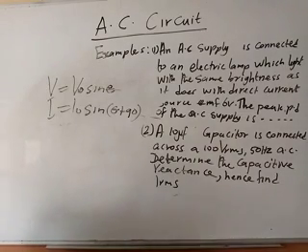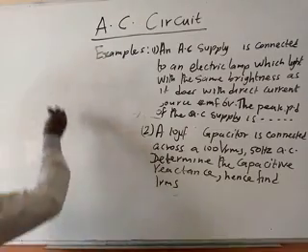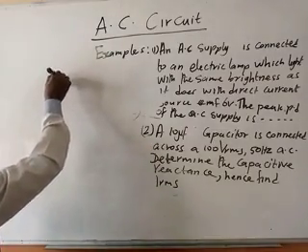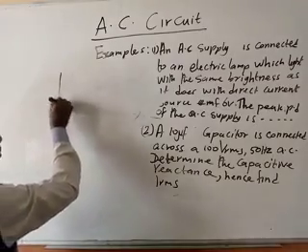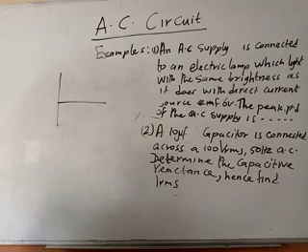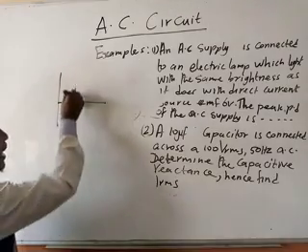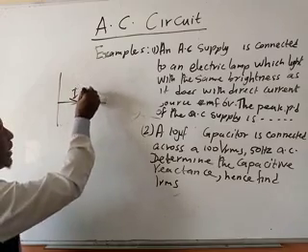Now, what of the waveform of this? So in that case, we have it like this. Because we said in the case of a resistor in the circuit, both of them will be in phase. It means if current is here, voltage also will be here.